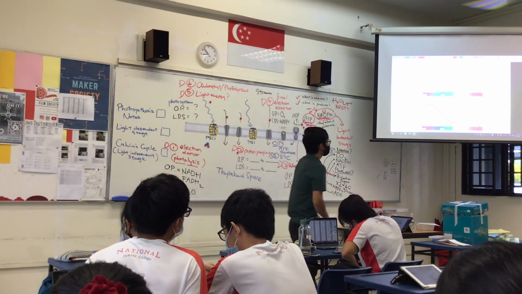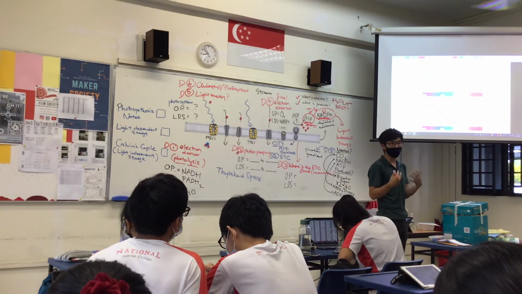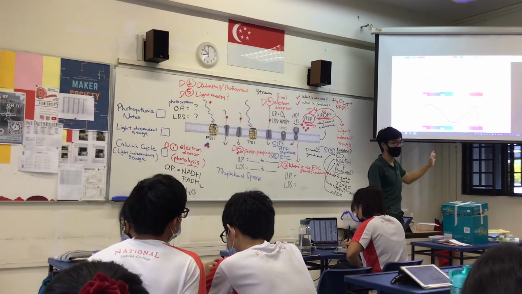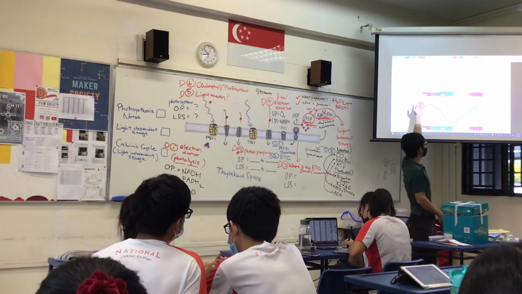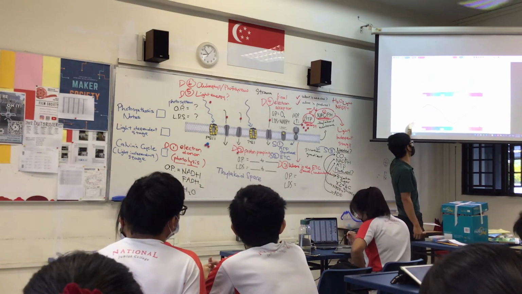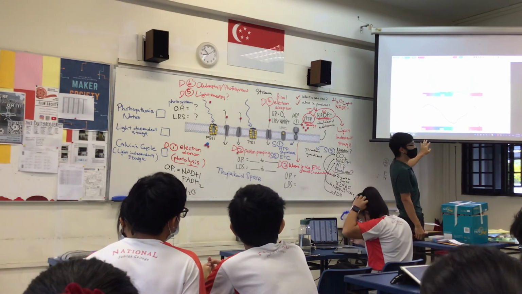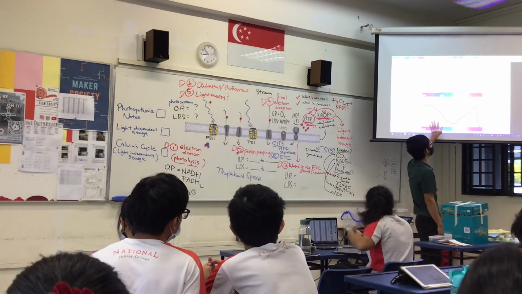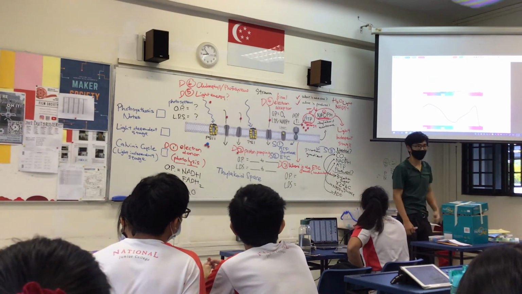Okay? Plants have more than one kind of chlorophyll. These are the more common ones, A, B, and carotenoids. If we compare it to this second graph below, this graph shows the rate of photosynthesis. Notice that the rate of photosynthesis corresponds to the wavelengths of light that the chlorophyll absorbs.